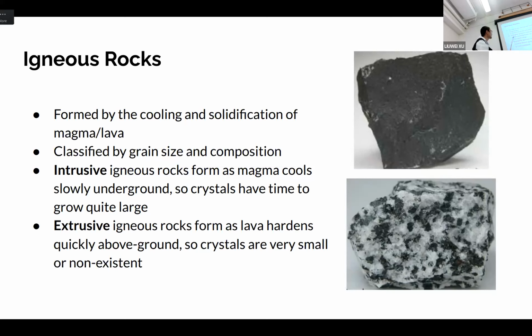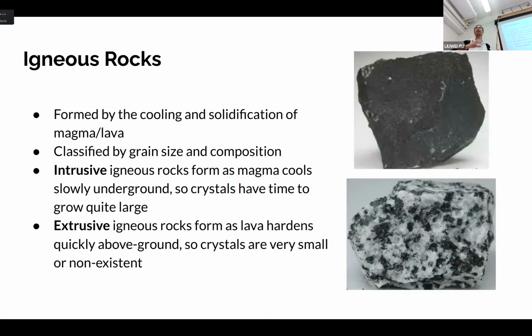Intrusive igneous rock is formed underground. We have very thick strata, and the magma intrudes into these strata, but does not come to the Earth's surface. It is still deeply underground. So this is intrusive igneous rock.